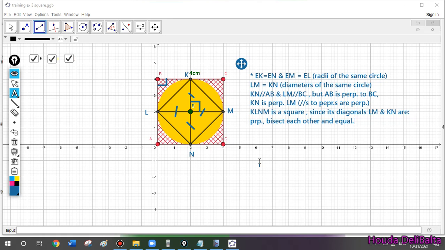That's according to proving that an inscribed quad in a circle is a square.